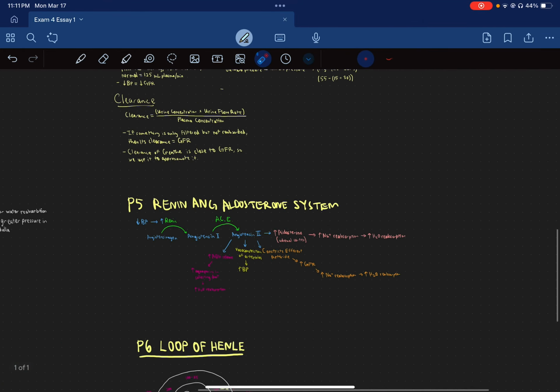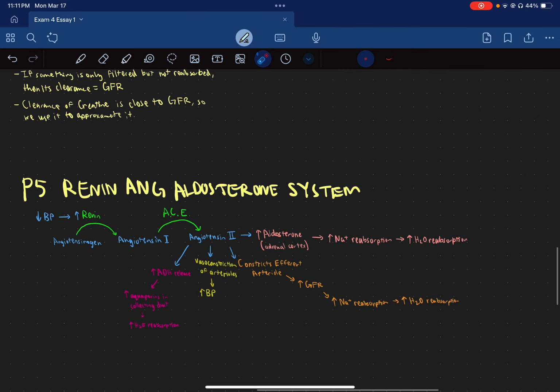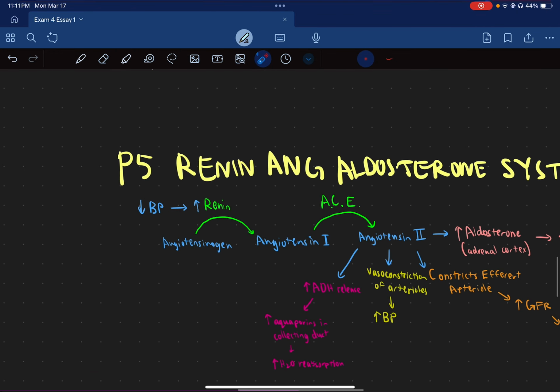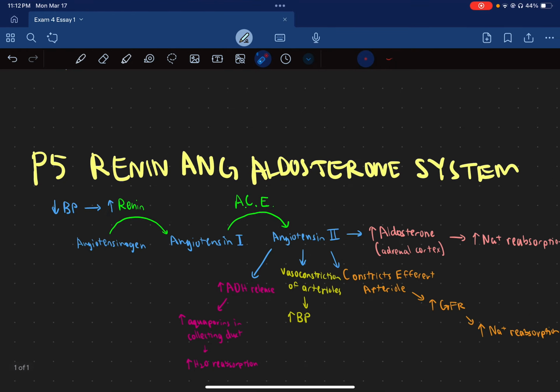Next, let's head on over to the renin-angiotensinogen aldosterone system. So here I've just created kind of a cause and effect loop. Say our blood pressure goes down, that's going to cause an increase in renin. Renin is going to convert angiotensinogen to angiotensin 1. ACE, which is angiotensin converting enzyme, is going to convert angiotensin 1 to angiotensin 2.